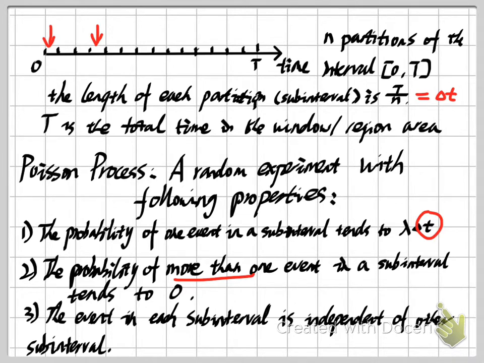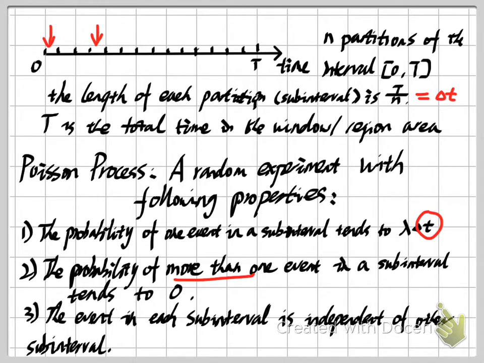In other words, whether this event happens in one subinterval depends on the length of the subinterval. If the length is longer, there is a higher chance the event will happen. For earthquakes, this is correct. If there is an earthquake in one city in 1 year, the probability is larger than for one earthquake happening in one specific month.